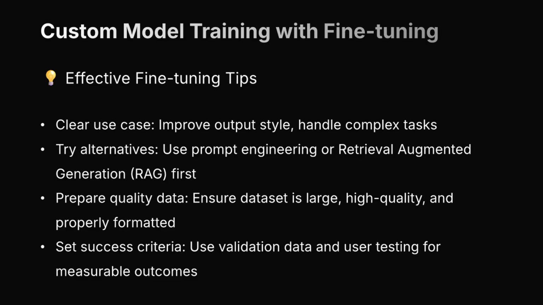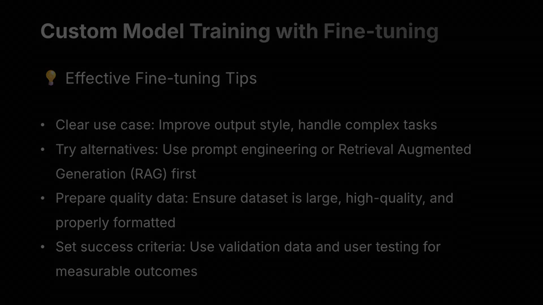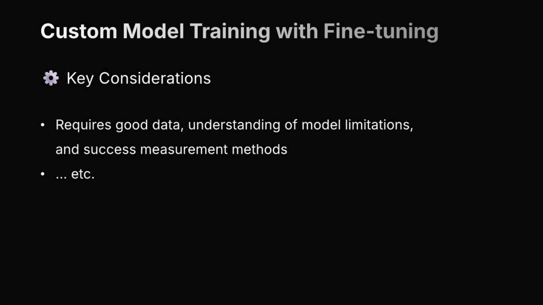Prepare a large, high-quality dataset that's properly formatted for the model we want to fine-tune. Set clear success criteria, including quantitative measures like validation data and user testing. Fine-tuning is powerful, but it requires us to have good data, a clear understanding of the model limitations, and a method for measuring its success.